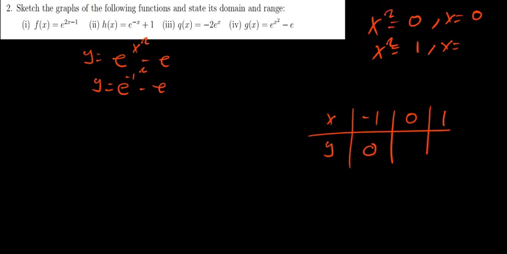So what I have for negative will be the same as for positive. If I plug in positive 1, it will give me still 1. So e to the power 1 is e. If I plug in 0, any number to the power 0, 0 squared is 0. So e to the power 0 becomes 1. 1 minus e is just 1 minus e, like that.